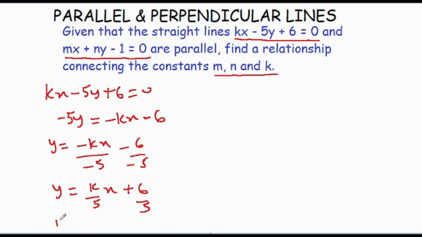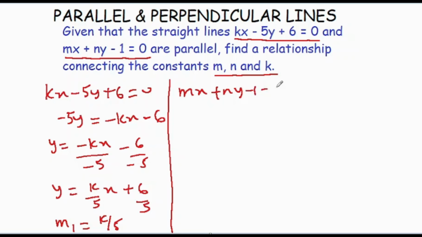So let's take this to be m1. The slope of this equation, the coefficient of x, is k over 5. So we take the slope to be k over 5. So let's proceed to the second equation, mx plus ny minus 1 equals 0. If we rearrange this, let's subtract mx from both sides of the equation.